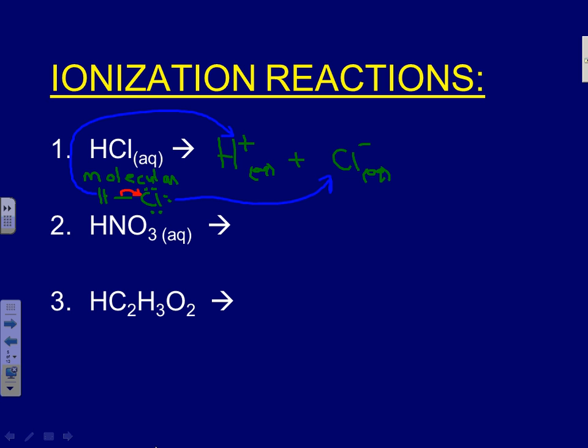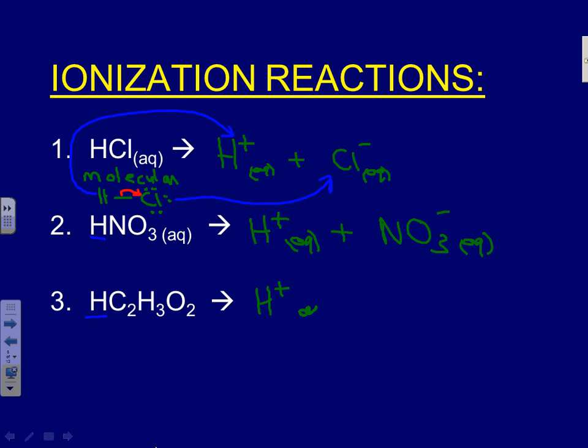I'm not going to draw that picture for all the rest. I'm just going to do the ionization reaction. So there's my hydrogen right there. That's going to come off. H plus, aqueous. The negative part is going to go with the nitrate. NO3 minus, aqueous. And we say ionization has taken place. Okay? Again, here's my hydrogen. That's going to fall off.